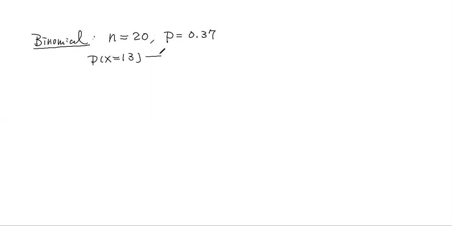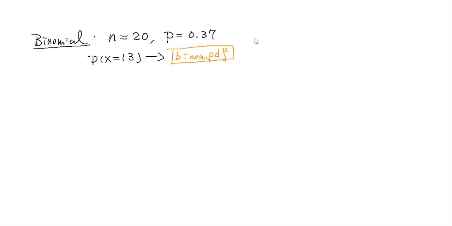If I have a binomial experiment with n equal to, let's say, 20, and p equal to, let's say, 0.37, we already know how to use the calculator. If it says x equal to 13, for this one you can use binomial PDF, because it's equal.